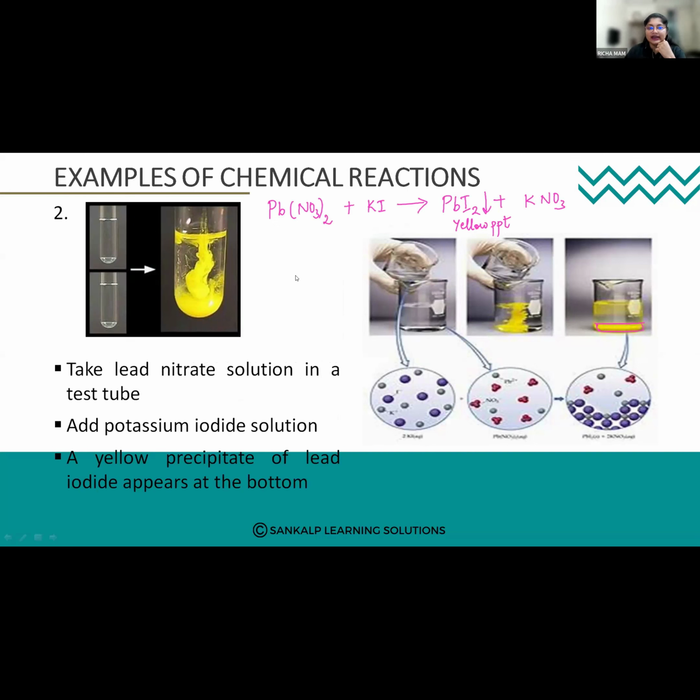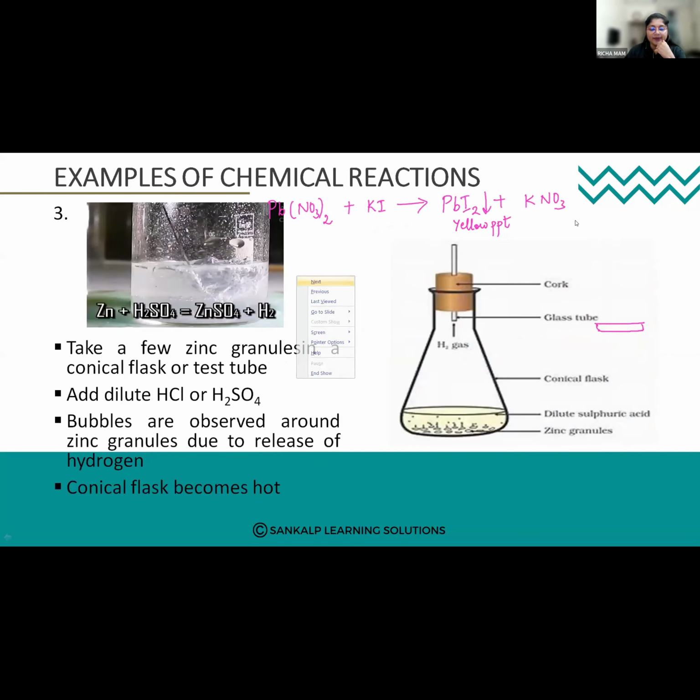So let us go for the next example. So what is the next example? You can see here, on your right hand side, there is a conical flask.